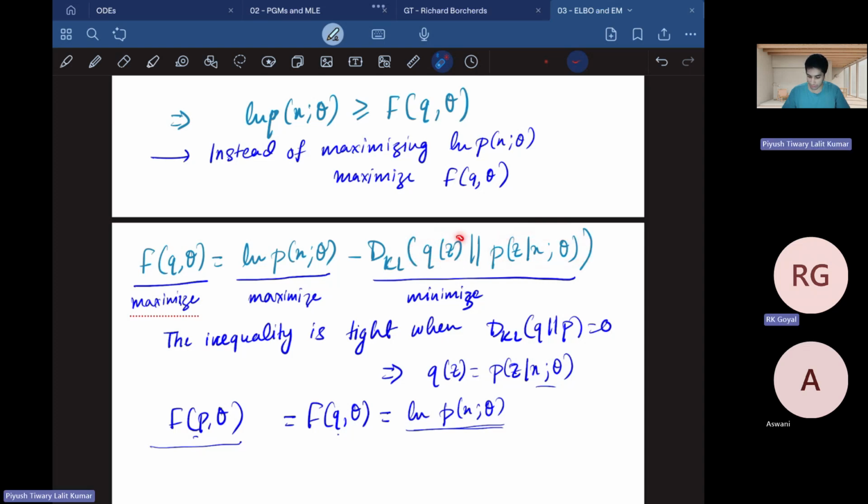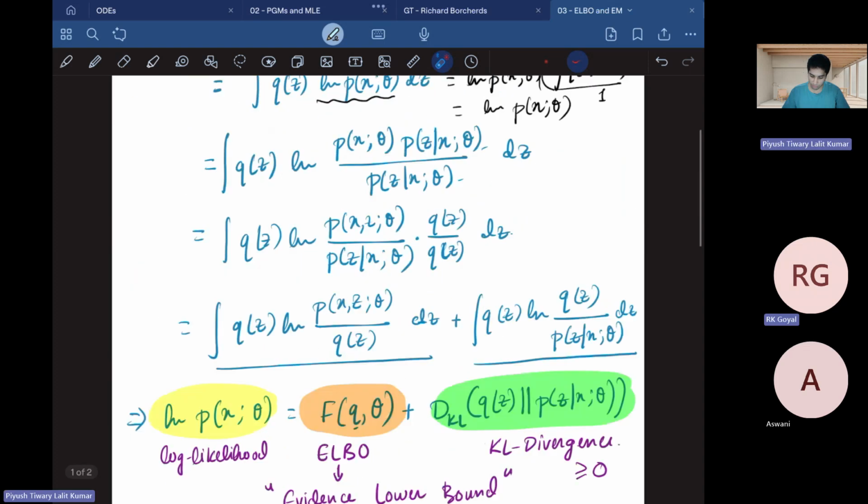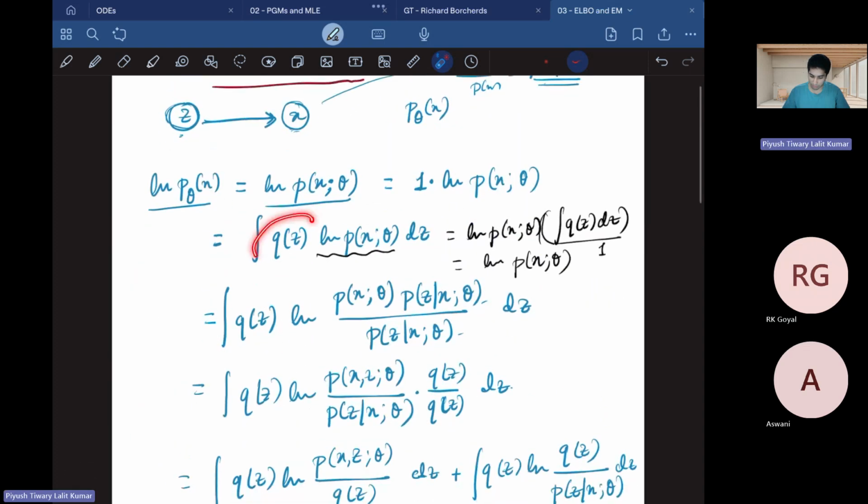But then, as you said, Q is unknown to us. Yes, completely unknown to us, because we just arbitrarily introduced Q. This could be anything; we haven't imposed anything on top of it.